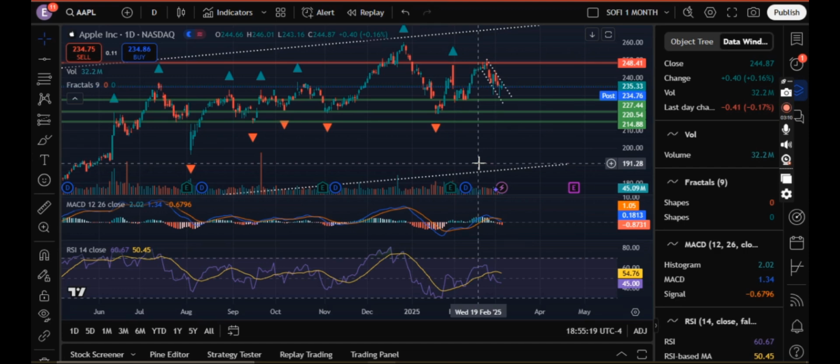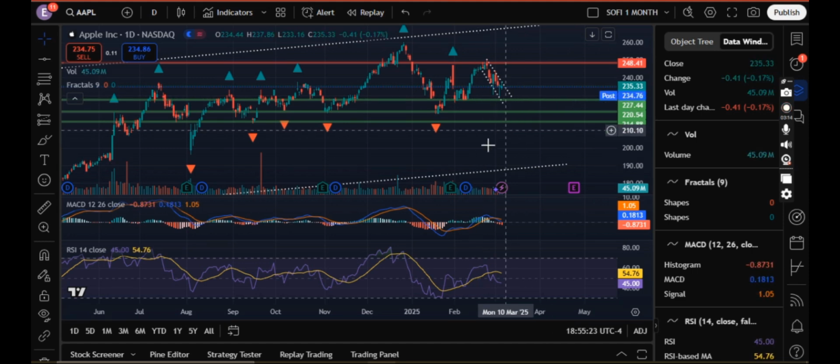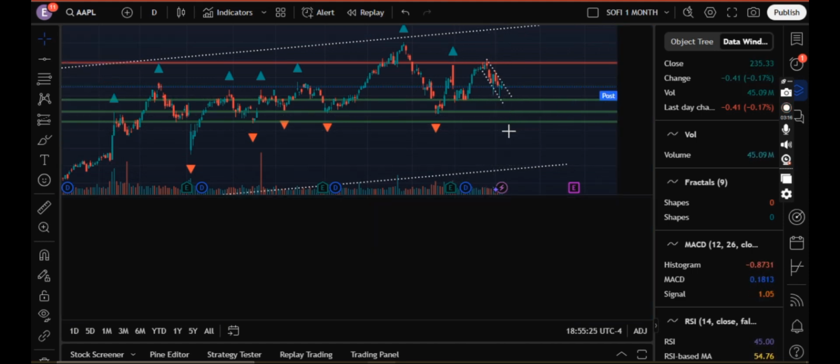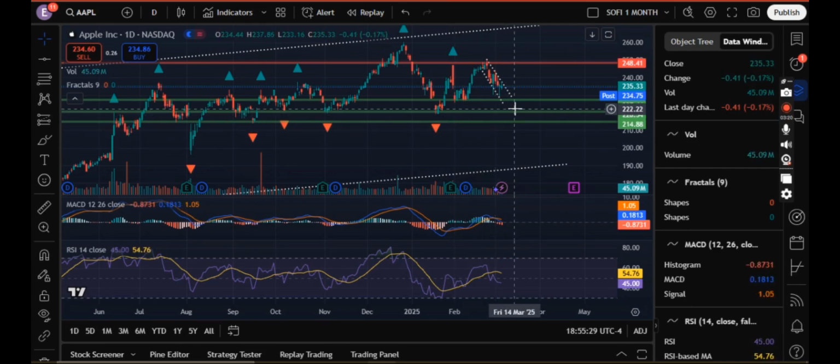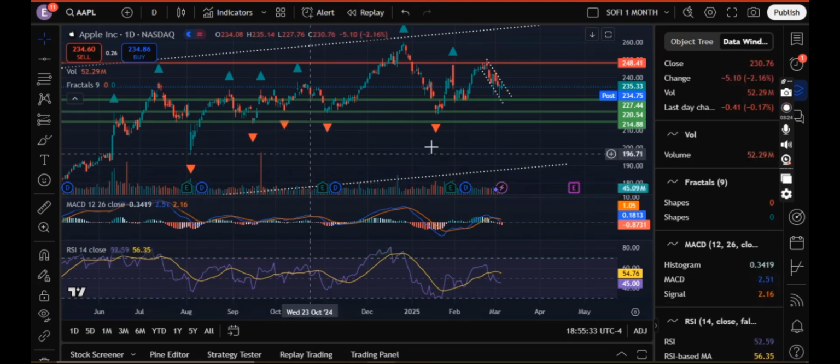Green for buyers, which indicates the market will go up, and red for sellers, indicating the market will decrease or is decreasing.